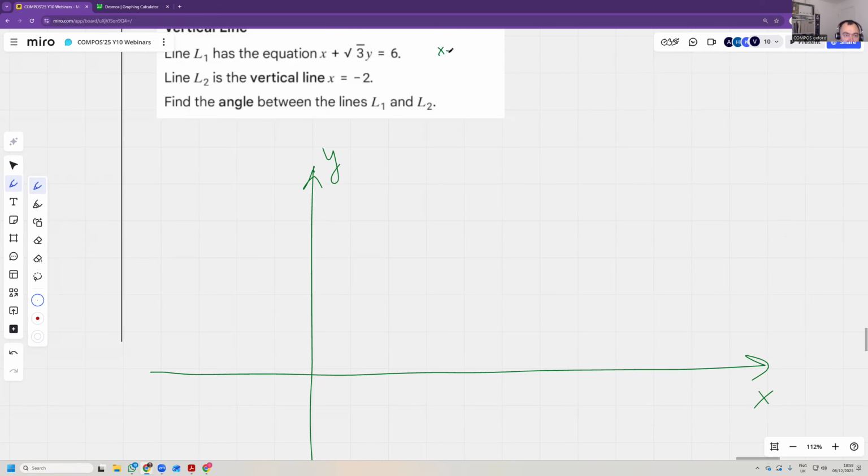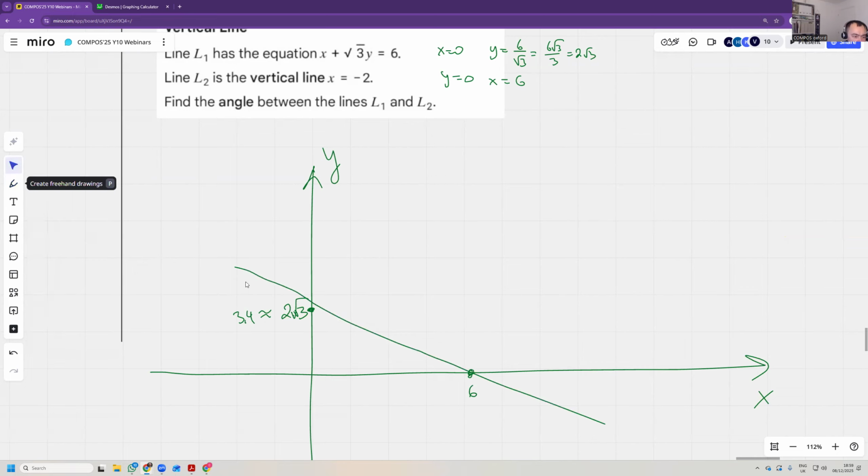If x is 0, then y is 6 over root 3, which is 6 root 3 over 3, which is 2 root 3, approximately 3.4. And then if y is 0, then x is 6, of course. So 6 is approximately here, and this is a straight line going like that.